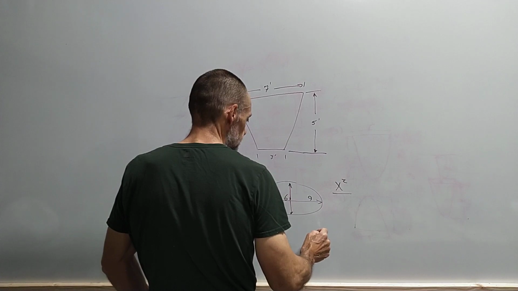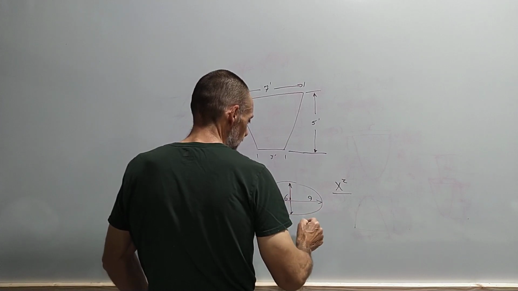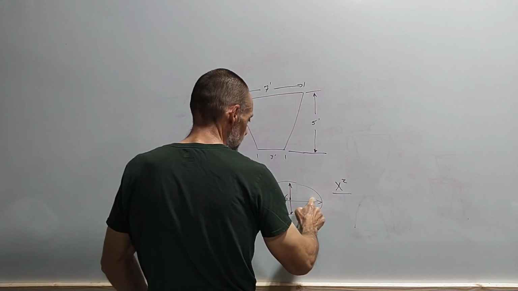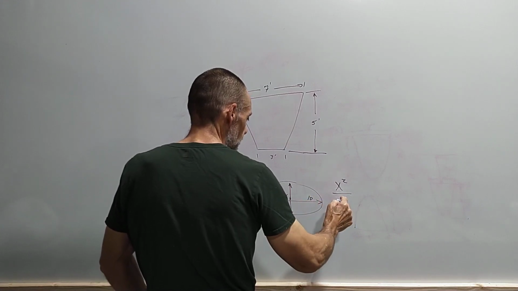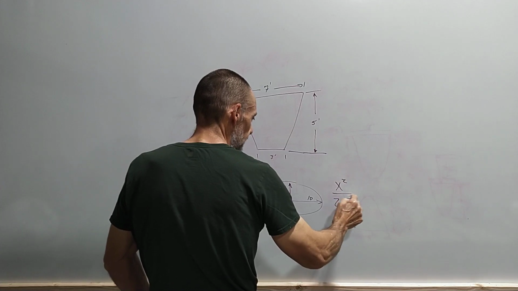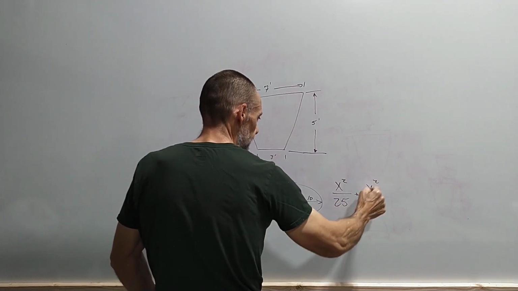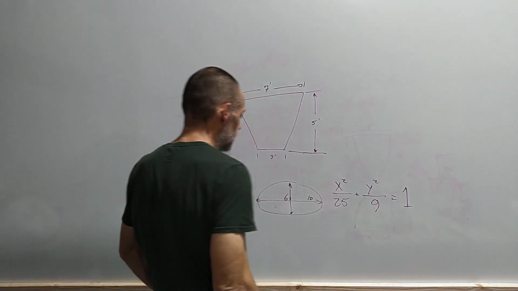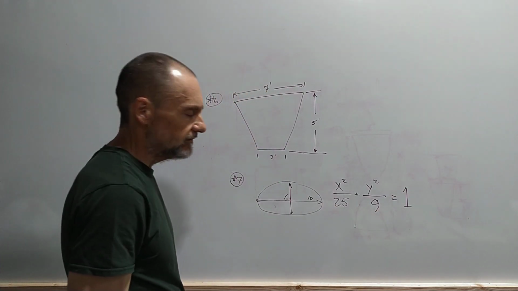When x is 0, this would be okay. So that would be, let's make this 10. Okay, let's make it 10. So it would be x squared, I think, over 25 plus y squared over 9 would be 1. Okay, I believe that's the formula for that ellipse.